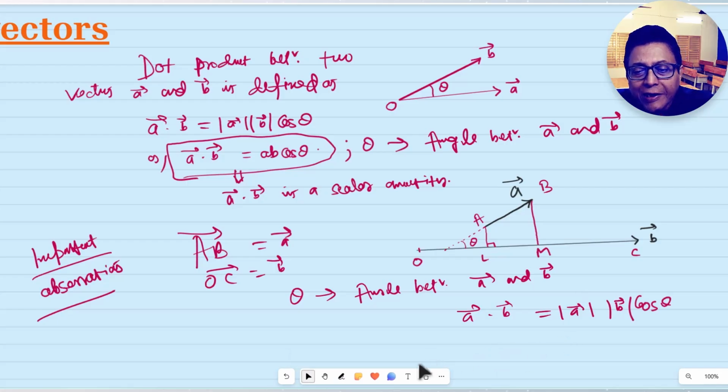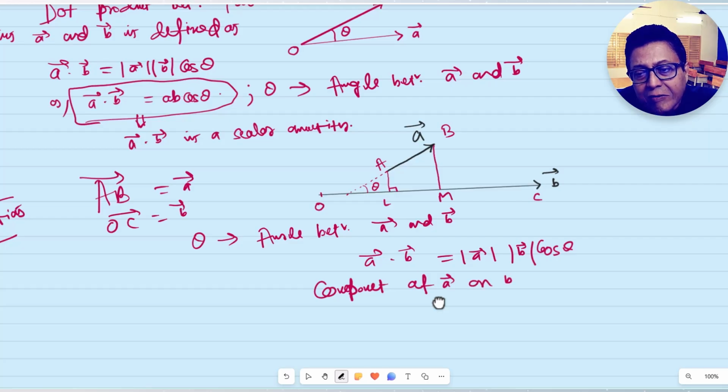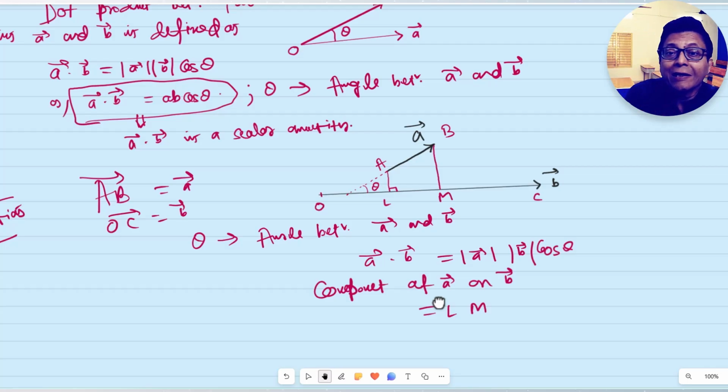The effective part of A on B is going to be LM. This we say component. Component of A on B is equal to LM. As if this one will be lying on B, but not fully because they have different direction. The effect of A on B, if we try to take it, is this part only, LM.